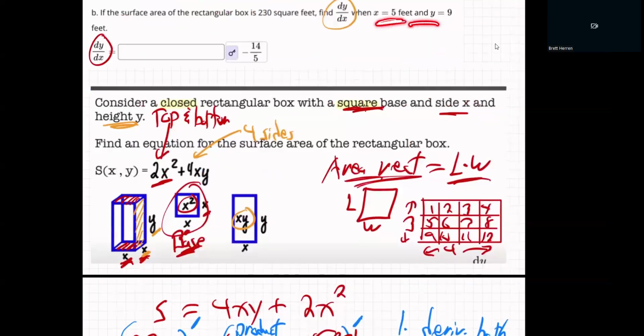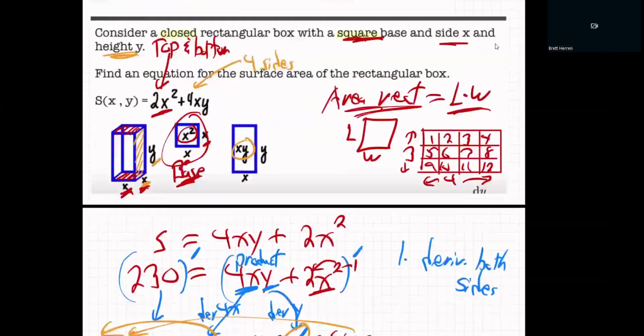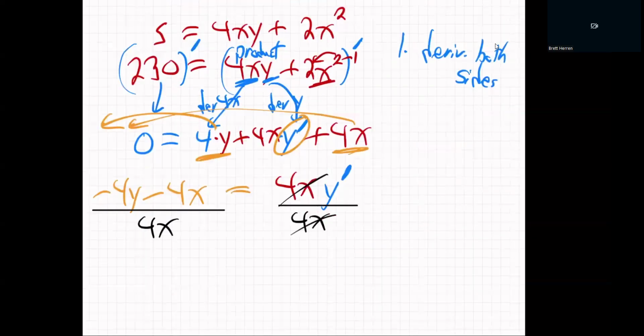What else do they want? They say x is 5, y is 9. So x is 5, y is 9. Hit the buttons on your calculator.